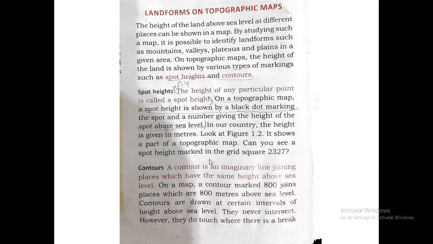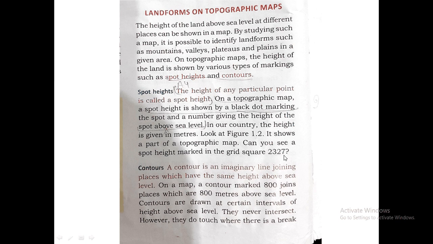Eastings are the vertical lines and northings are the horizontal lines. To identify a cell, we mark the cell and read the easting and northing nearby, and the easting has to be written first and then the northing.